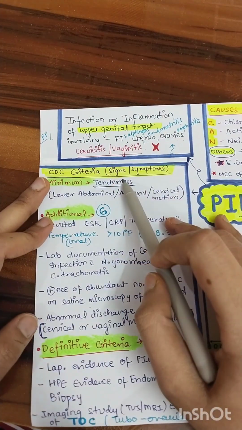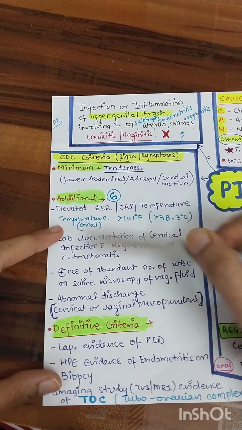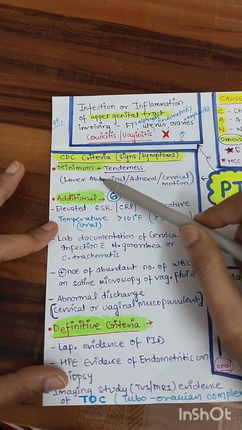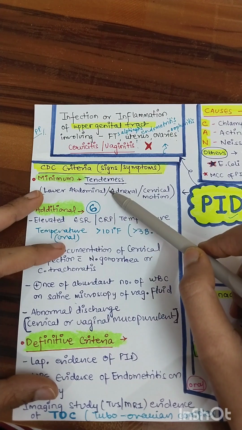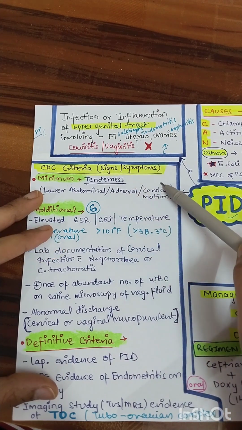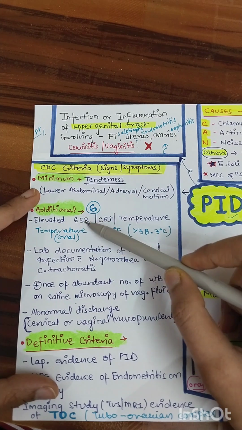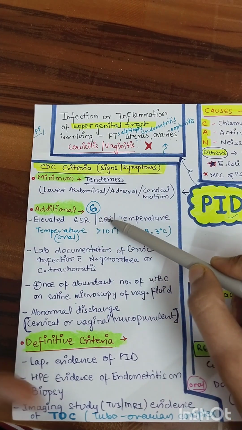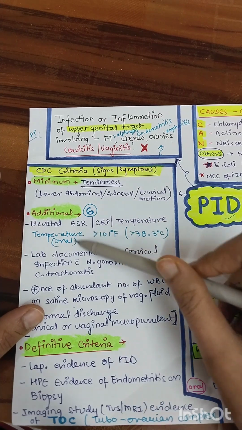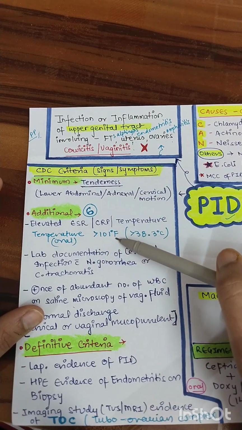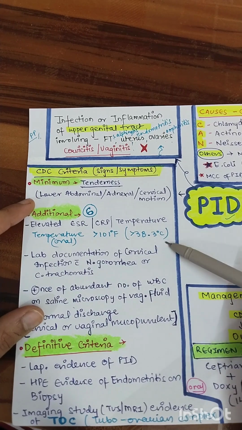So next one is signs and symptoms. You have to remember them with minimum, additional and definitive criteria. In minimum criteria, tenderness is the common word: lower abdominal tenderness, adnexal tenderness or cervical motion tenderness. Additional criteria include elevated ESR, CRP, which is the indicator of infections, and temperature, mainly oral temperature, raised more than 101 degrees Fahrenheit or more than 38.3 degrees Celsius.